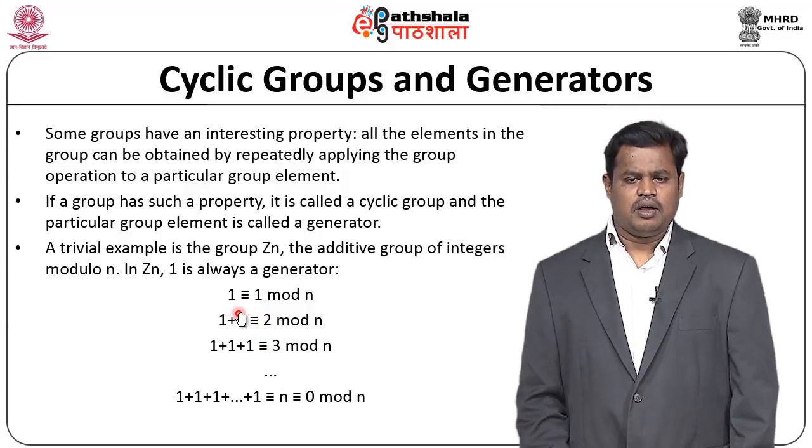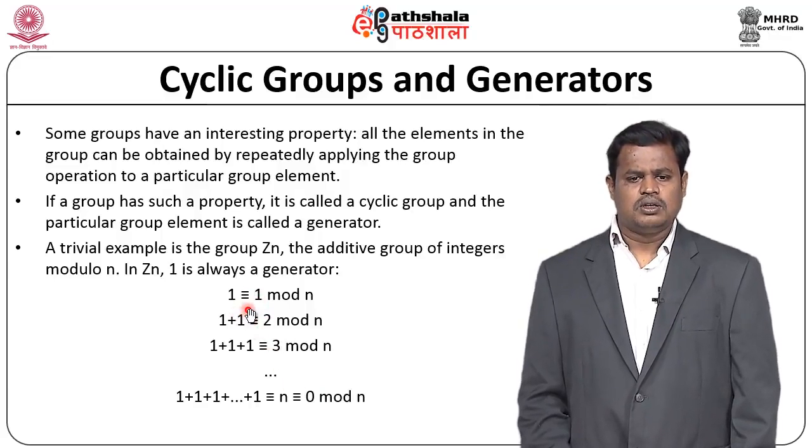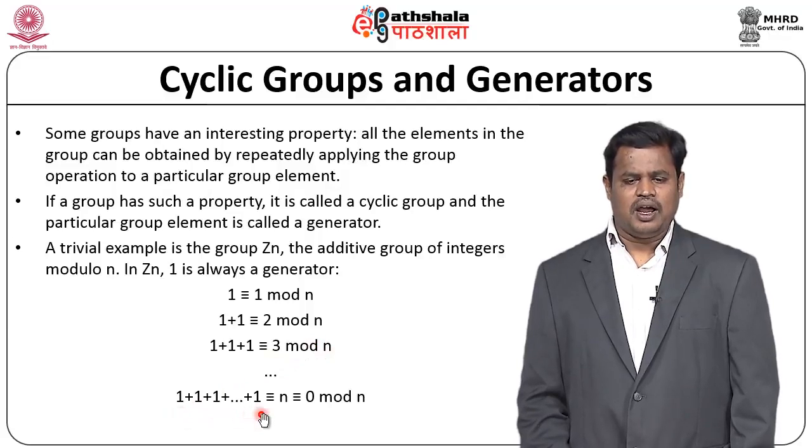So, 1 is congruent to 1 mod n, then 1 plus 1 gives me 2 mod n. 1 plus 1 plus 1, here it is an additive group, that is why we are adding, is congruent to 3 mod n. Like that I go up to n mod n.